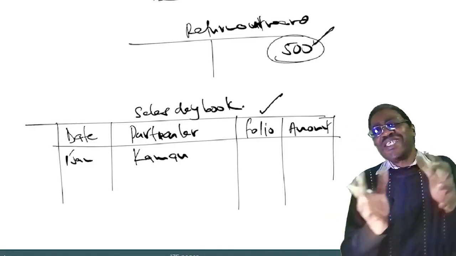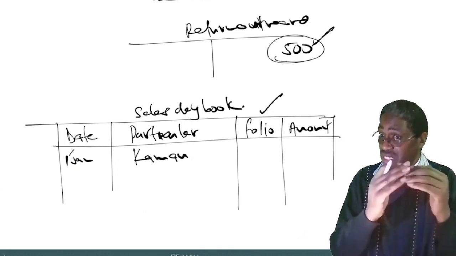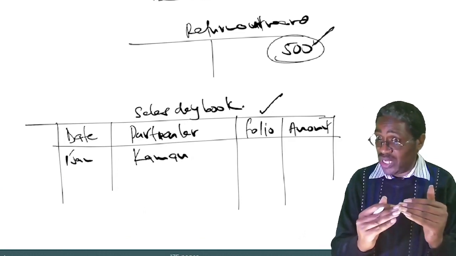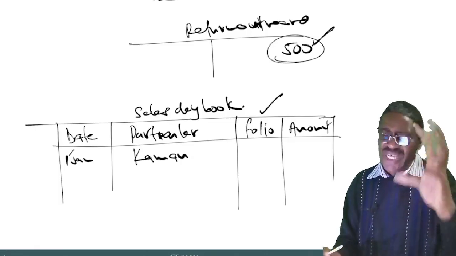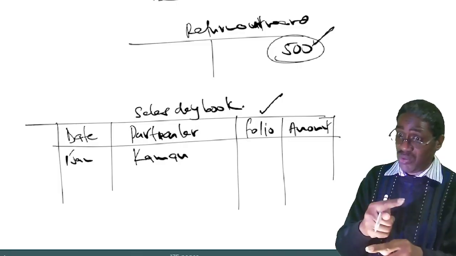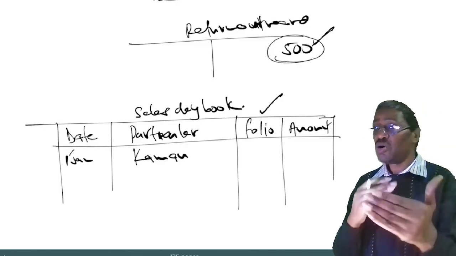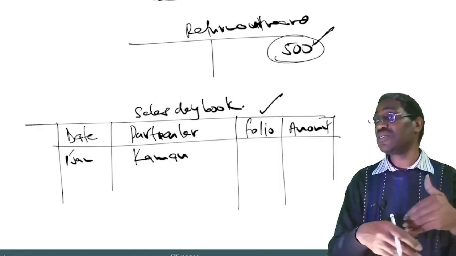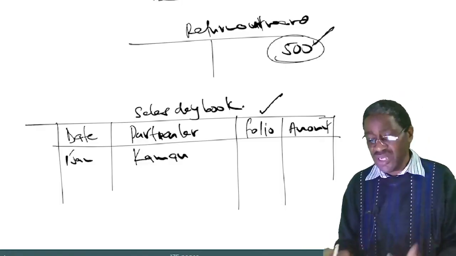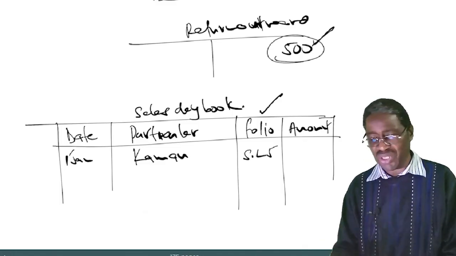We shall discuss the ledgers later in a short while. But in one of the ledgers, that's where you can find the account of Kamau. Maybe it's on page 5 of that ledger, so you say here, for example, sales ledger, page 5. I will talk about that later.